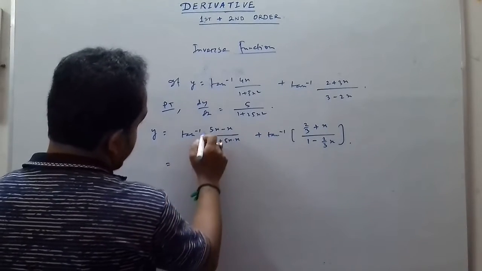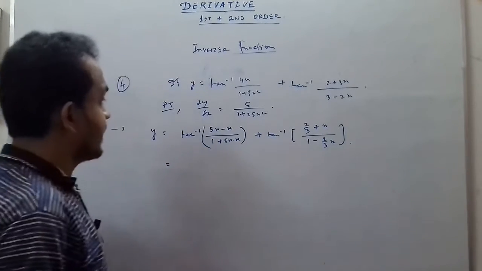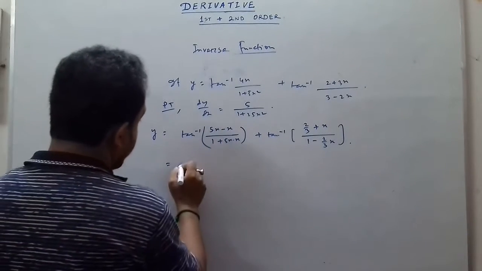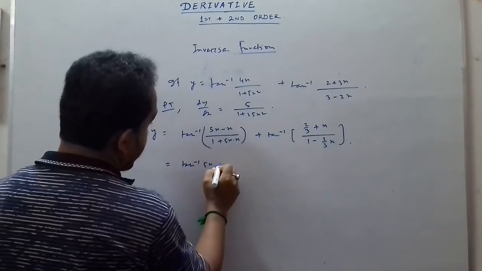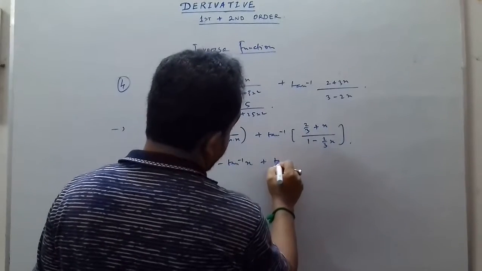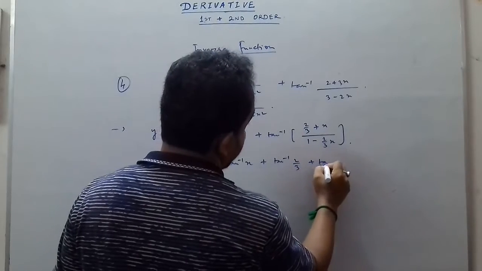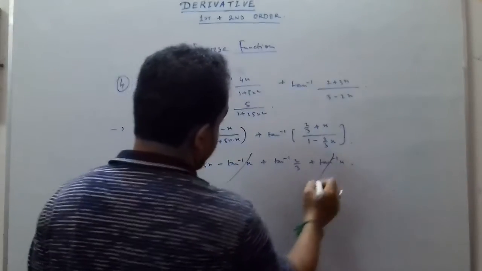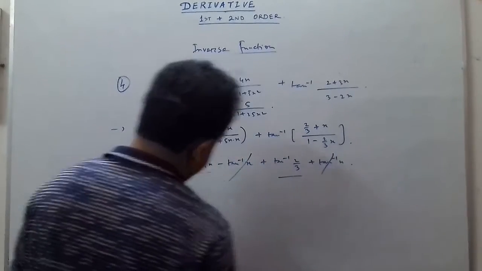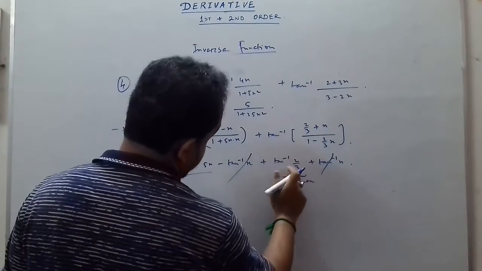Now this is a formula related to inverse functions, and we know that tan inverse of a minus b by 1 plus ab is equal to tan inverse a minus tan inverse b. Here it is equal to tan inverse 2 by 3 plus tan inverse x. So this cancels. Now we get y is equal to tan inverse 5x and tan inverse 2 by 3. This is a constant because it does not depend on x.